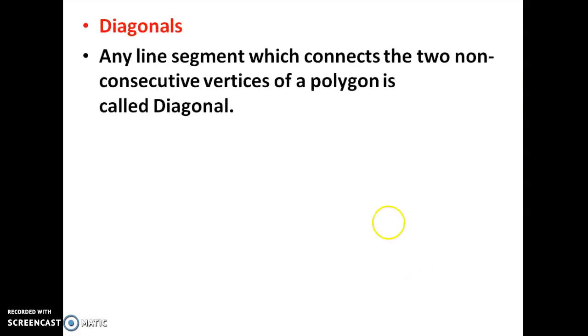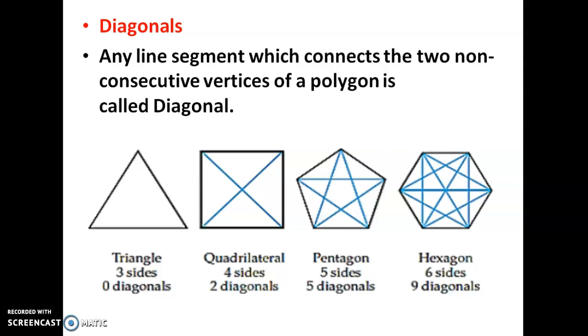Then coming to diagonals. Any line segment which connects two non-consecutive vertices of a polygon is called a diagonal. If you see the picture, you can see. Let's start with the 4-sided figure itself, then it will be easy. Quadrilateral, 4 sides are there.